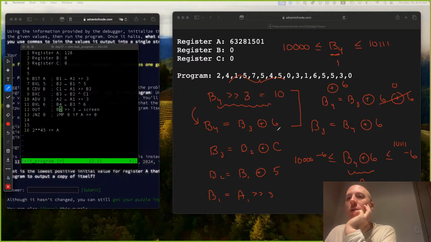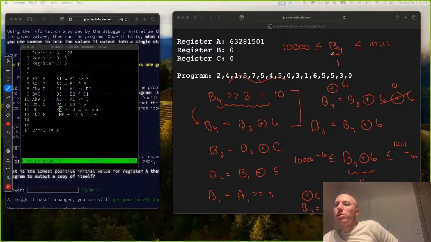And if we go up another step, what was B3? B3 is equal to B2 XORed with C. And if we XOR both sides by C, we get B2 is equal to B3 XORed with C. Wait, did I mess up here?